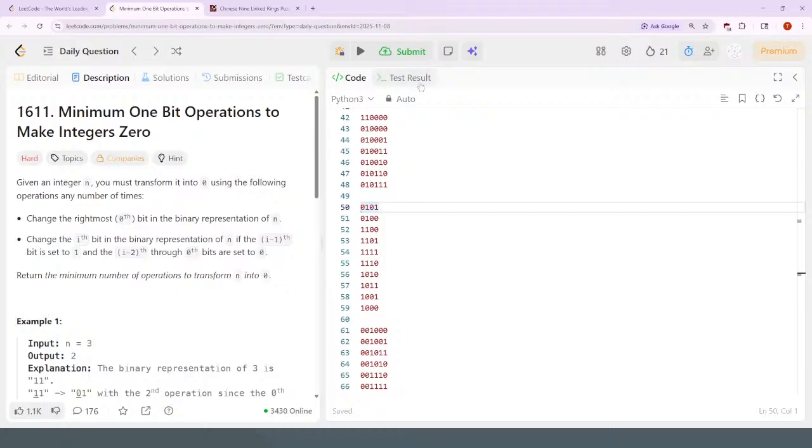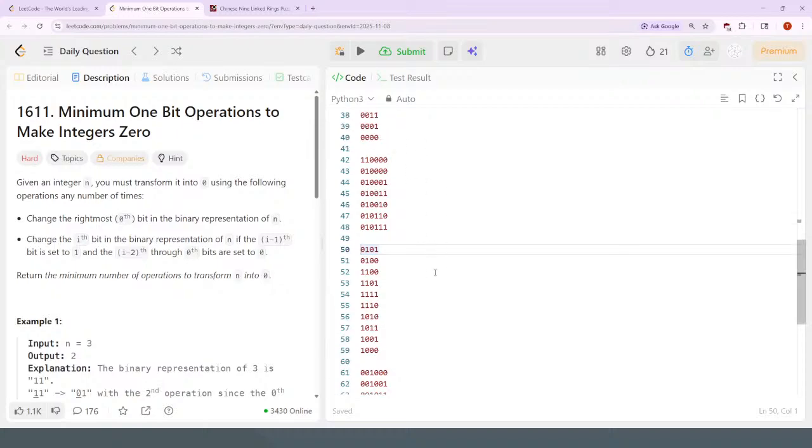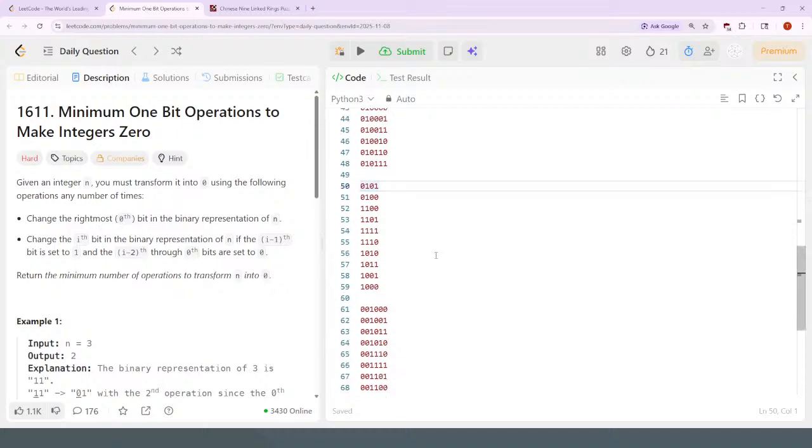Because the first two digits were always going to be the same. Is that correct?